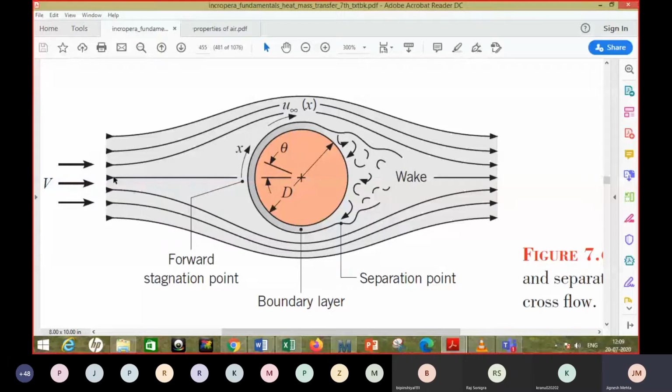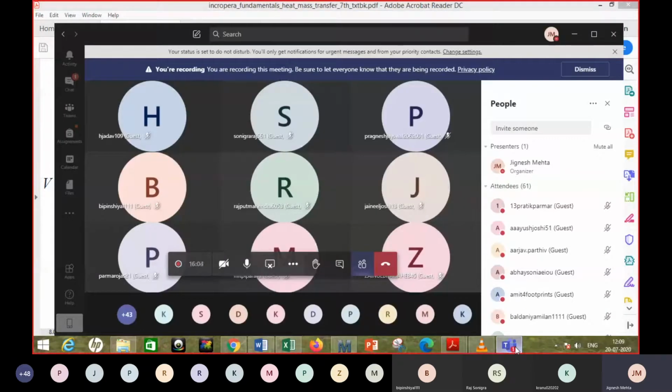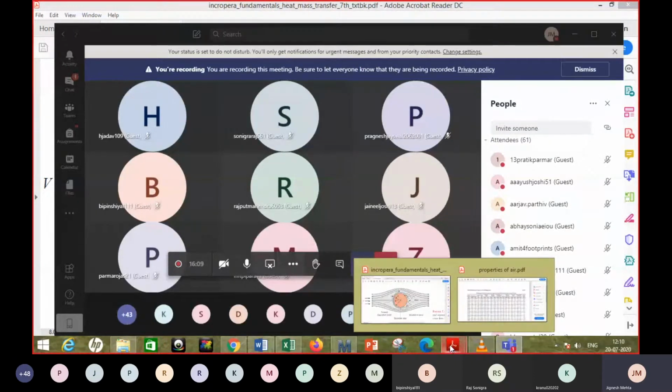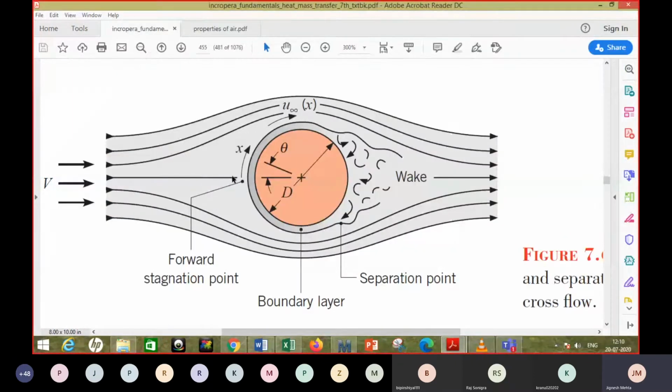Now you may focus on this streamline. Earlier it had velocity equal to v, but as it approaches the cylinder, you can see this point, and what is written is forward stagnation point. It is on the forward side, and stagnation point means the velocity has to be equal to 0.